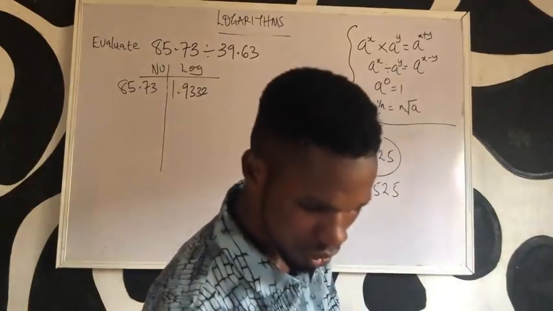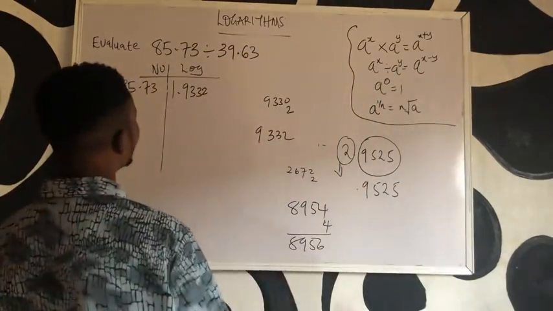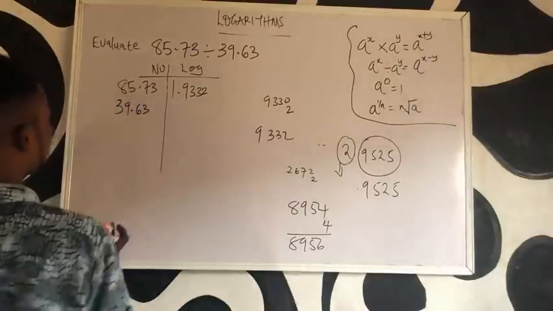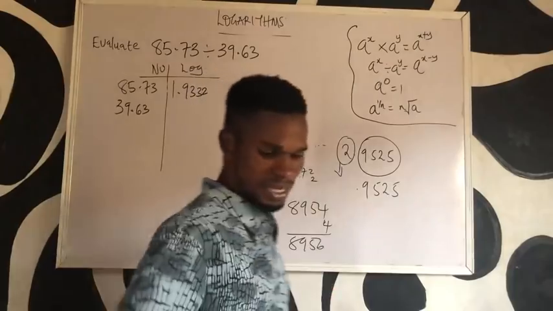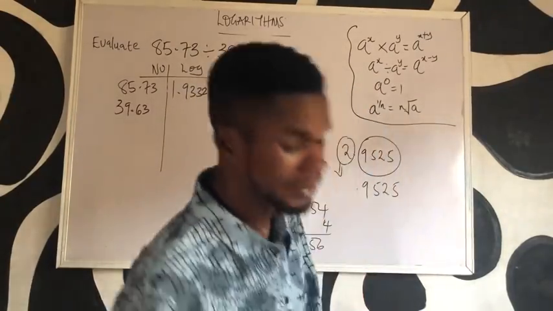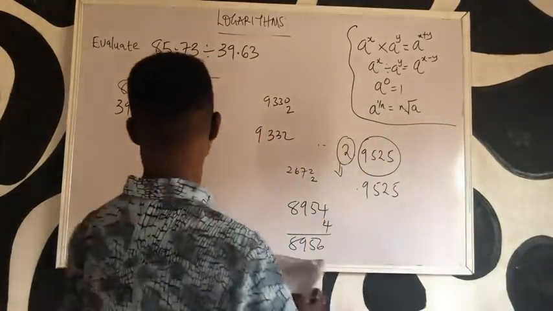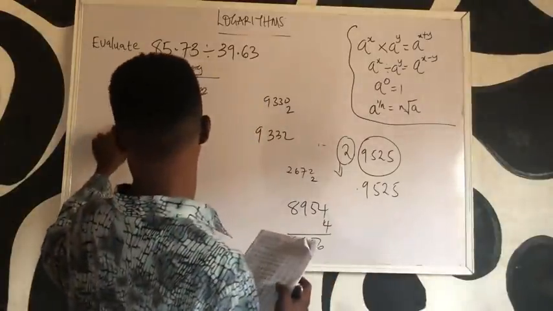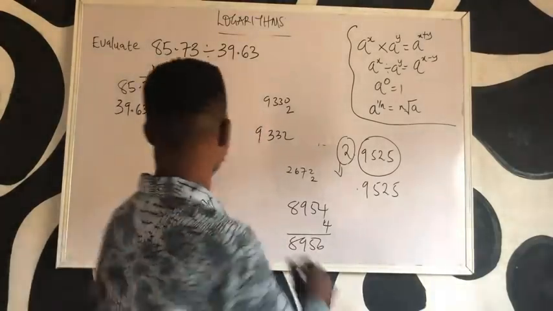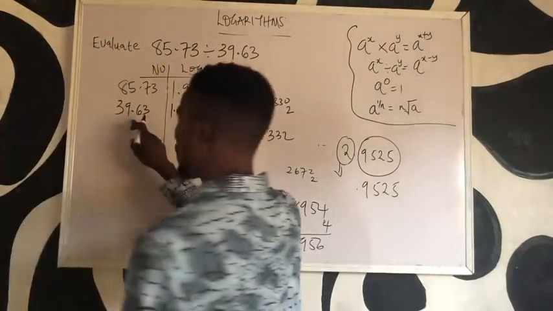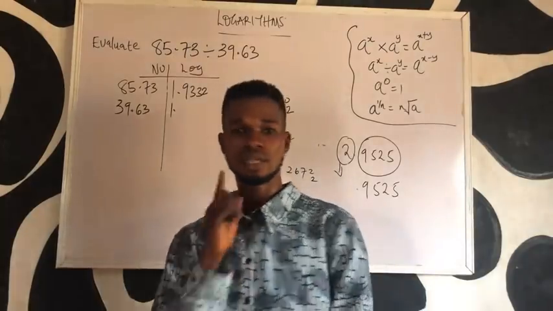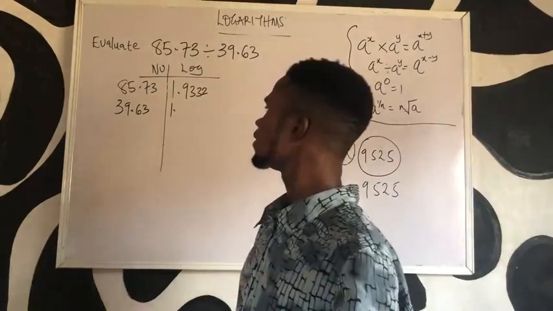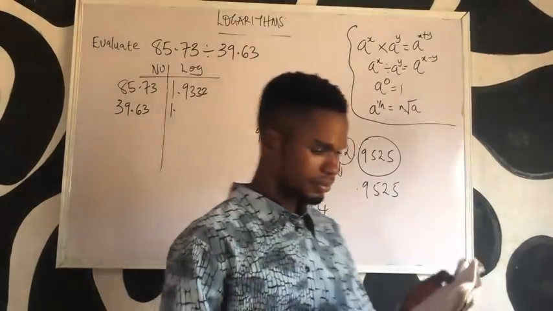So also we have 39.63. What is the logarithm of 39.63? That's 2 numbers before the decimal point, so 2 minus 1, that's 1 point. Now 39 under 6, difference 3.